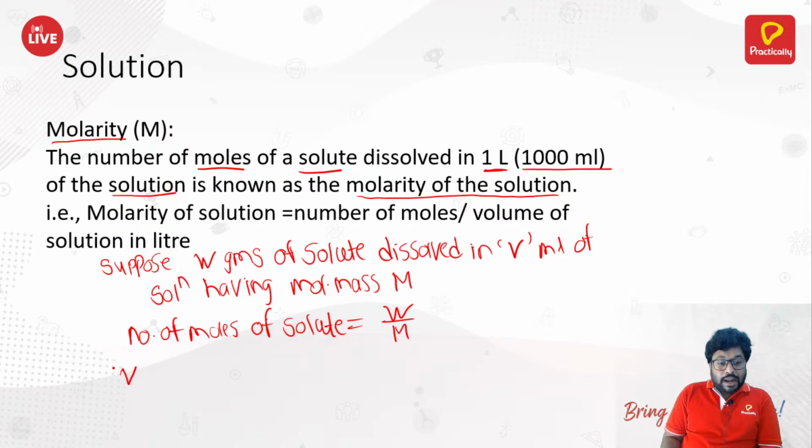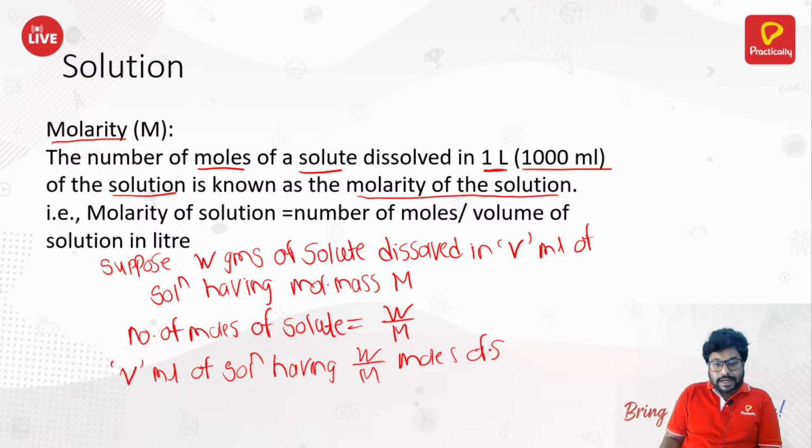Now, V ml of solution has W by M moles of solute, right? We have already said in the definition, the number of moles of solute dissolved in 1 liter or 1000 ml of solution.